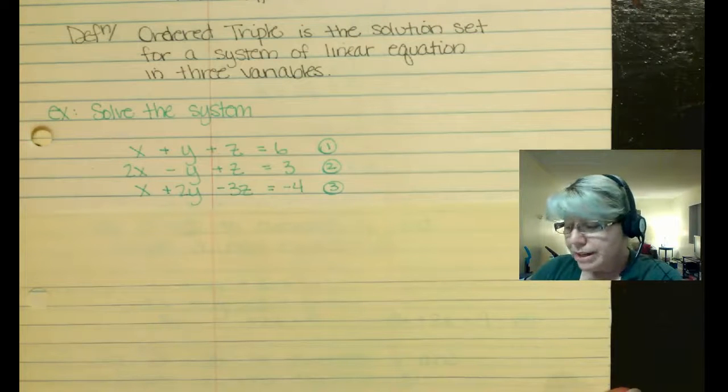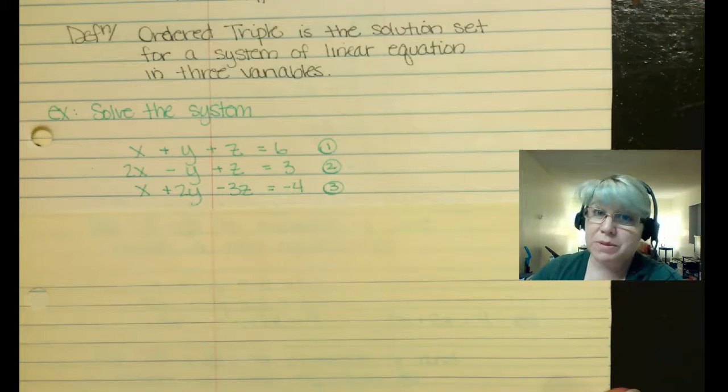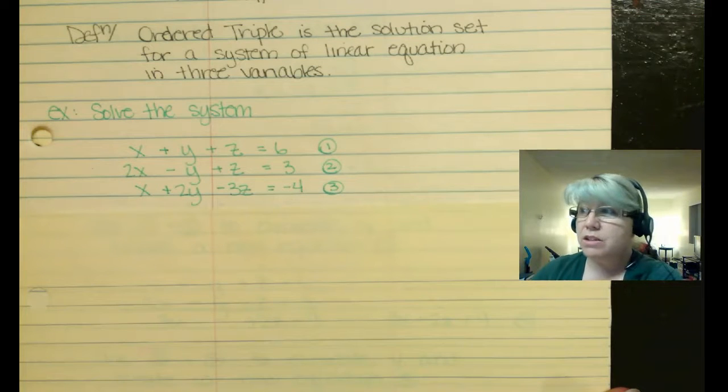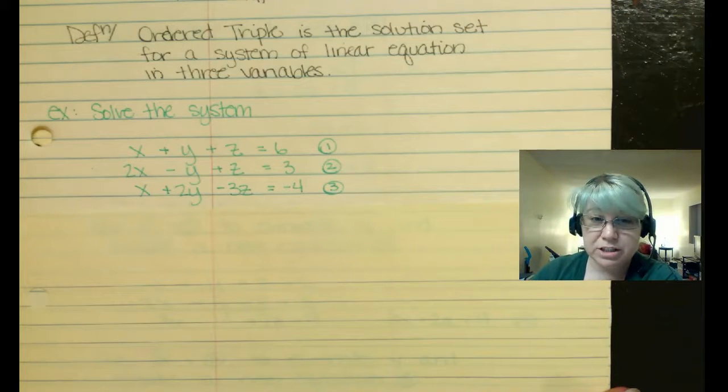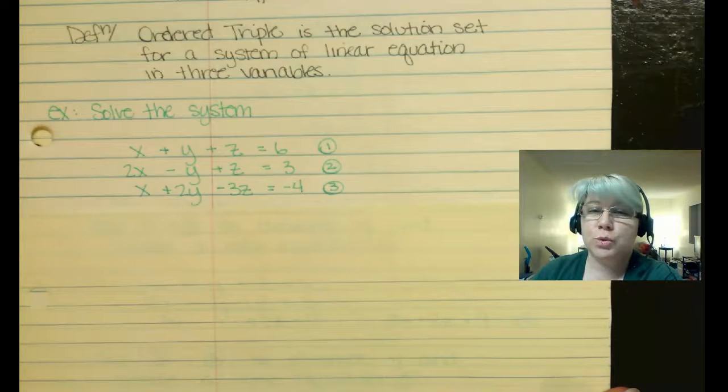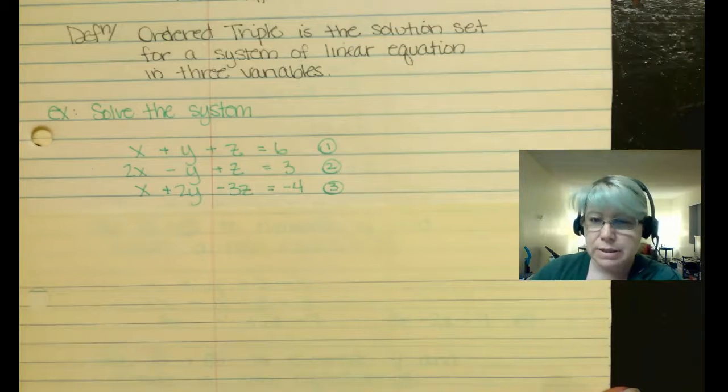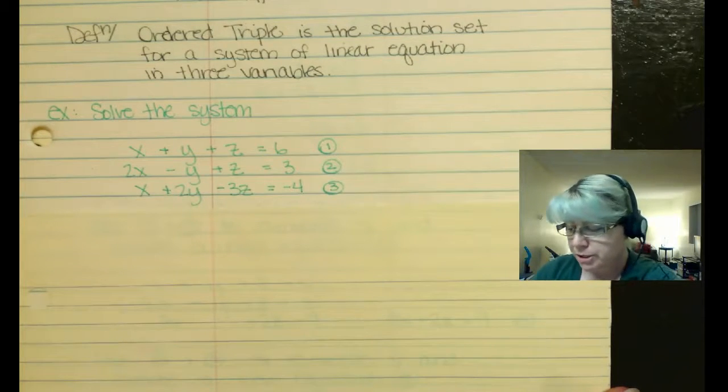Well, we're going to try to eliminate one of the variables by using 2 of the equations, and then using a combination of another 2 equations we'll eliminate that same variable, and we'll end up creating 2 new equations from that process. So I said a lot of things, so let's just see it in motion.